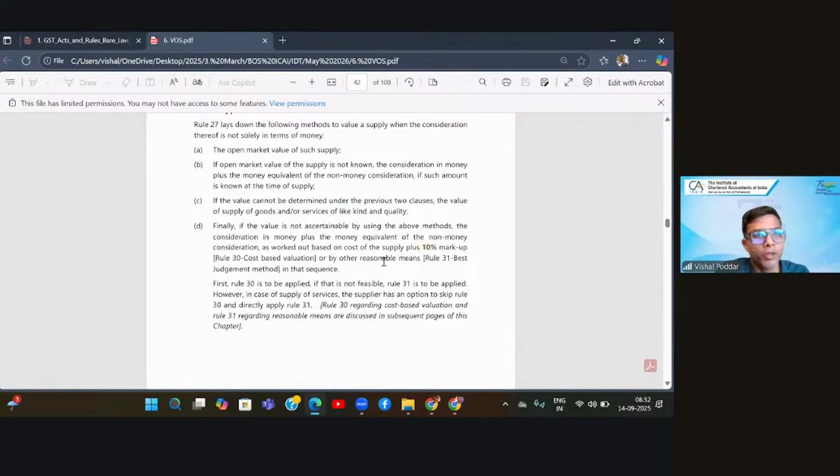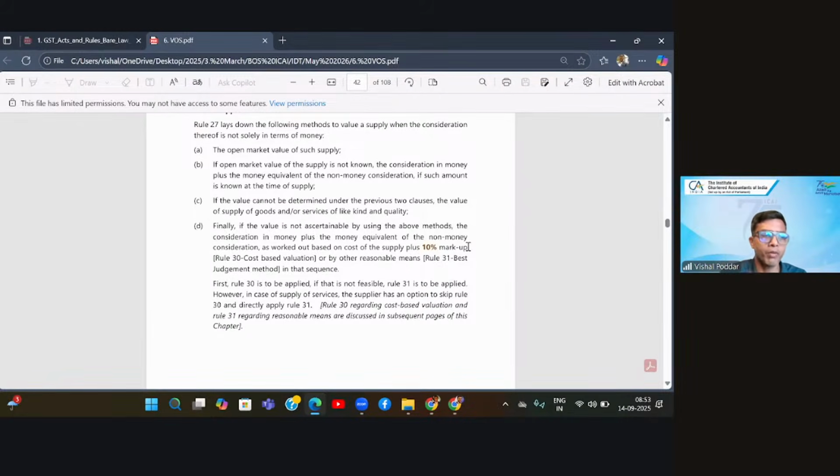Now, in this lawyer's example, where I have done written filing for a lawyer, A, B, C are all failing. Then we are left with no choice but to come to D. And in D, what it says is, if the value is not ascertainable by using the above methods, which is the case here, the consideration is the money, that is, the 5,000 I am receiving, plus the money equivalent of the non-monetary consideration as worked out based on cost of supply plus markup.